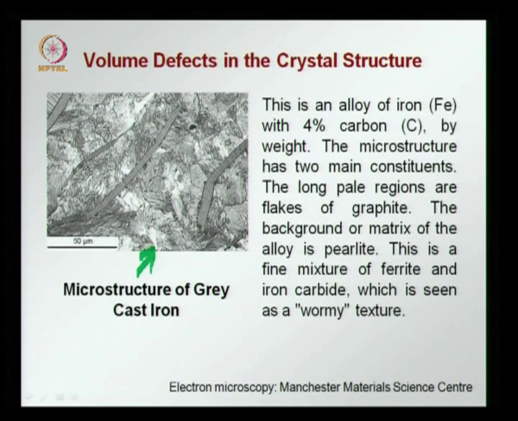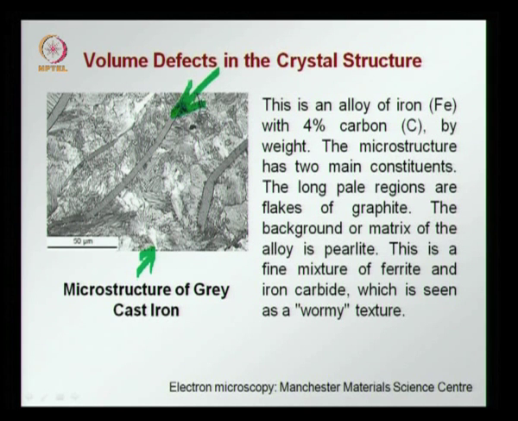Pearlite is a mixture of ferrite, which is the phase of iron, and iron carbide, which gives that wormy or striped structure. Other than that, you see these long pale flakes, this is graphite, which is precipitated due to an excess of carbon in the alloy, and this forms flakes inside the grey cast iron. Now this is an inclusion within the rest of the structure. The graphite is now an inclusion.